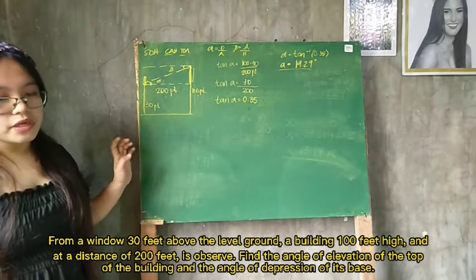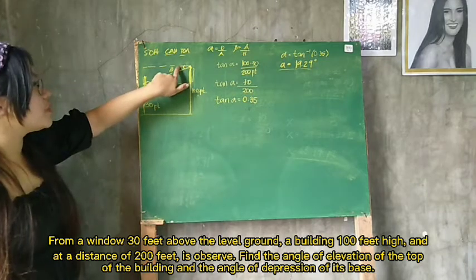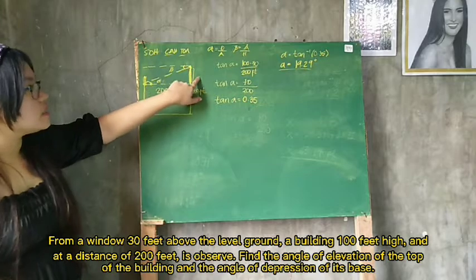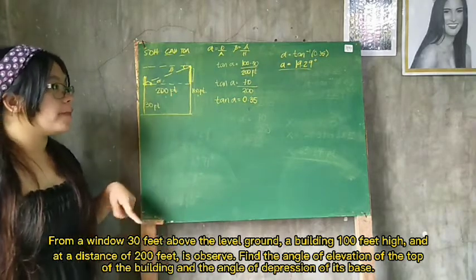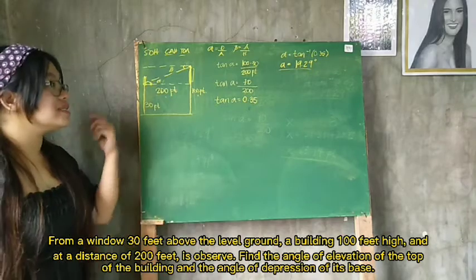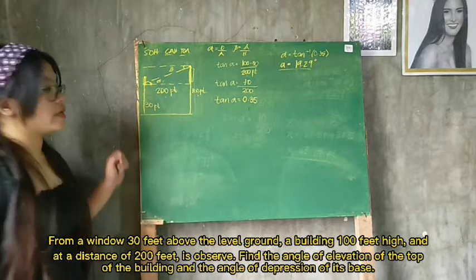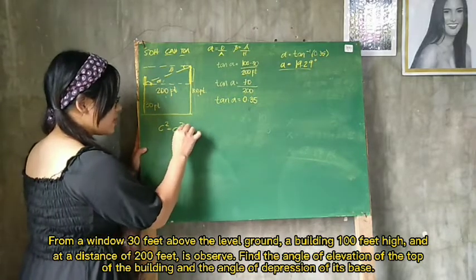Then the next step, in order to get the angle of depression, I am going to choose the long method. First, I am going to use the Pythagorean theorem, which is c squared is equal to a squared plus b squared.